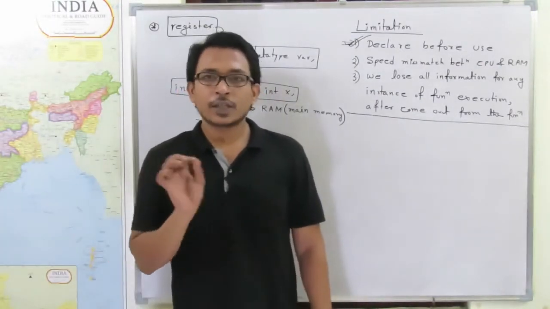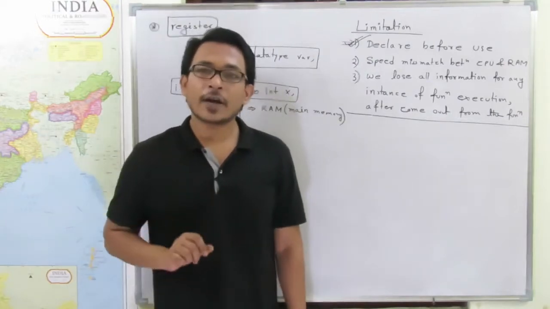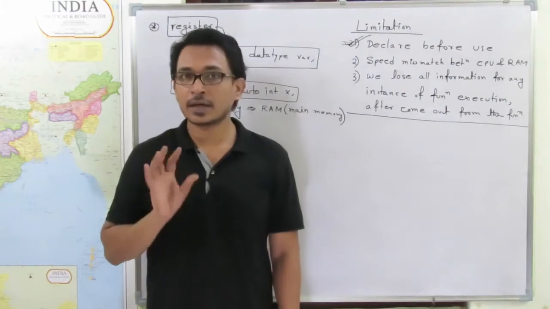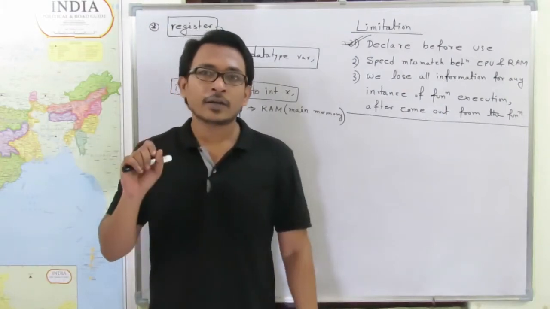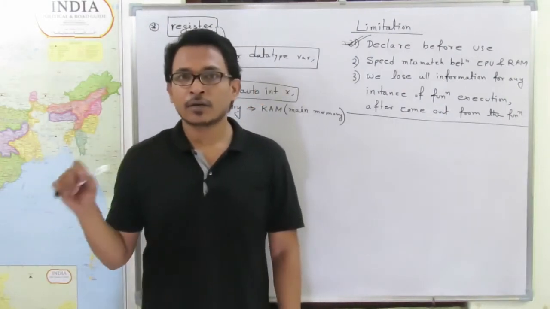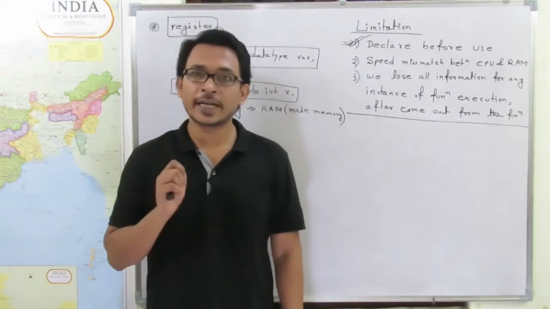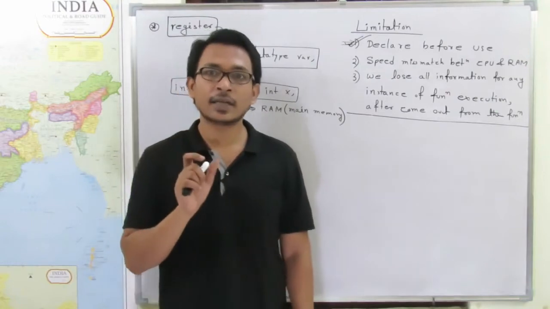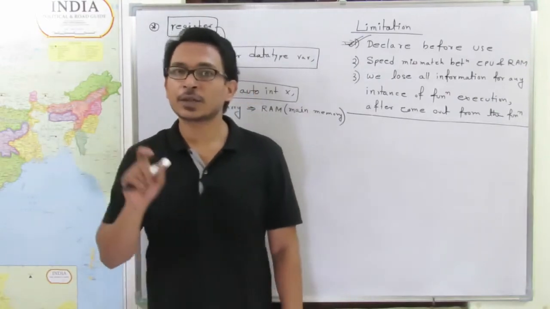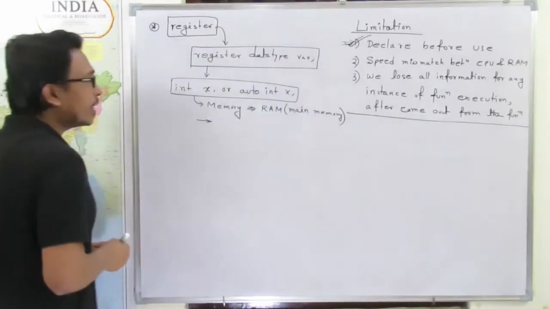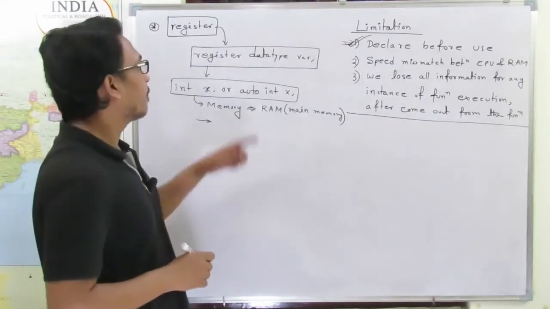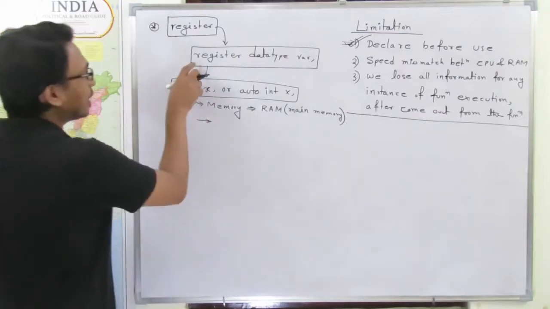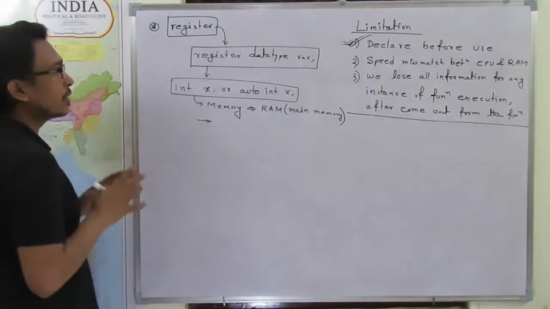So we can solve this particular bottleneck by allocating memory for the variable from the CPU register itself. To allocate memory from a register for any particular variable, we need to use the storage class register in the variable declaration statement.